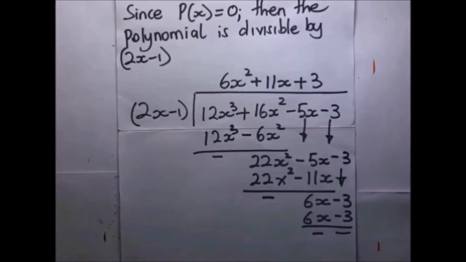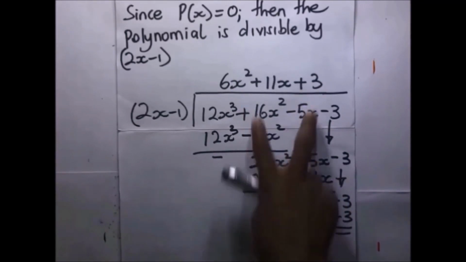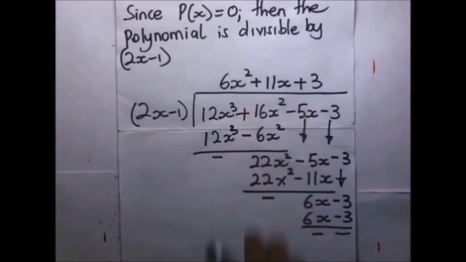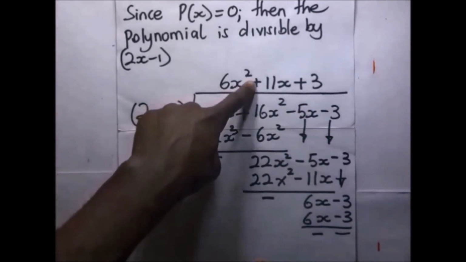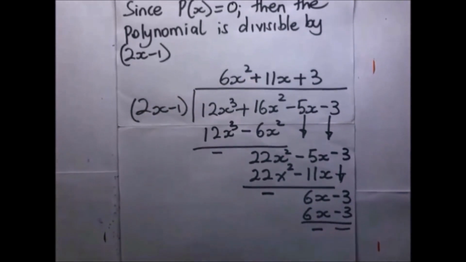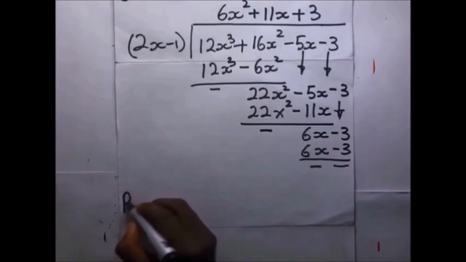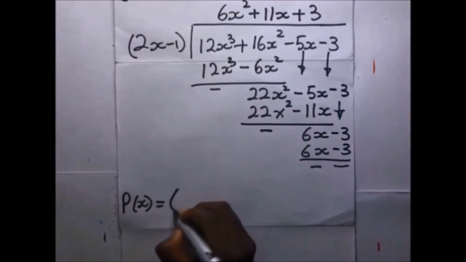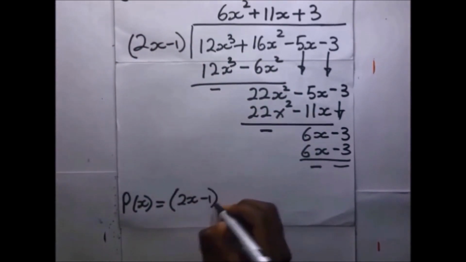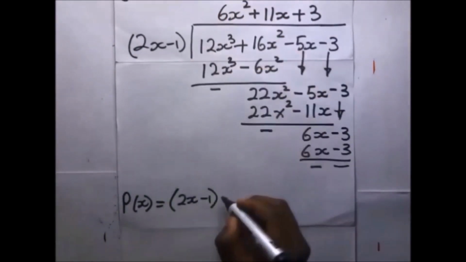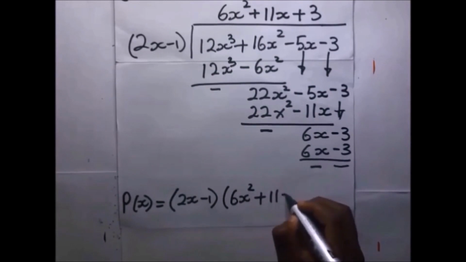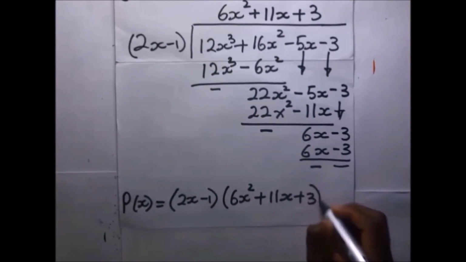So according to our general setup for the polynomial, when we divide, our polynomial p of x is going to be equal to 2x minus 1 times 6x squared plus 11x plus 3, with no remainder.